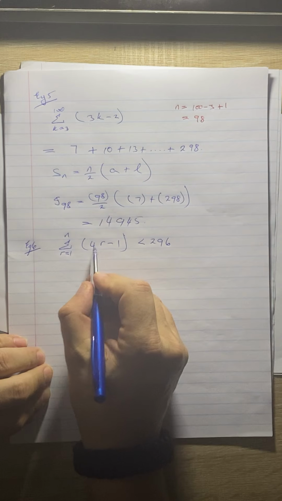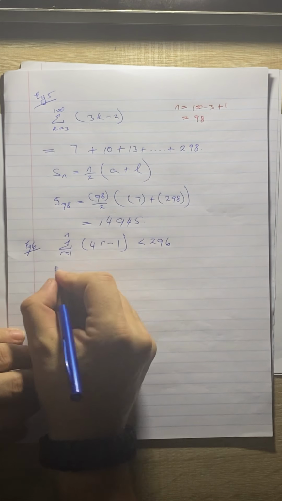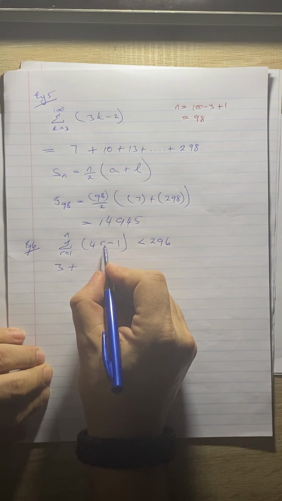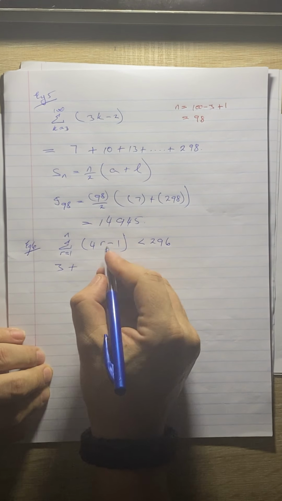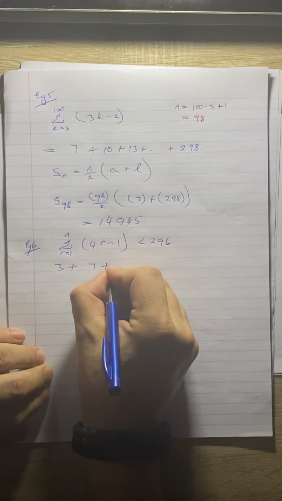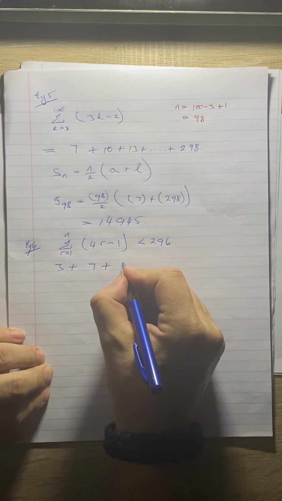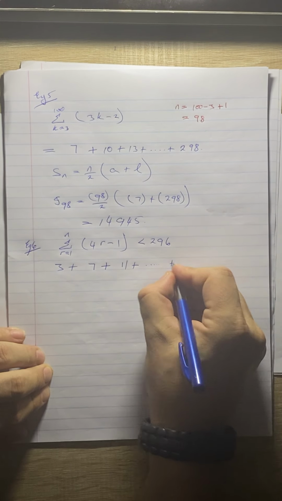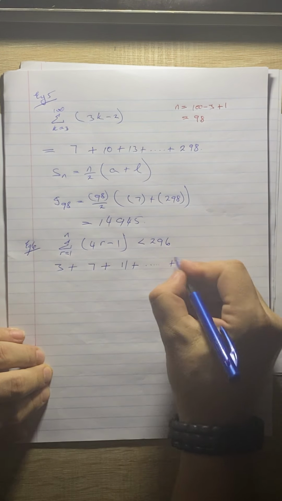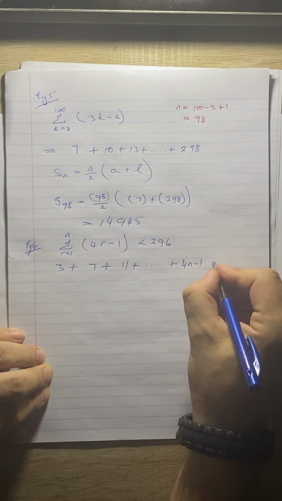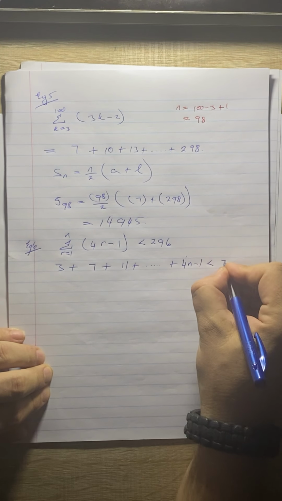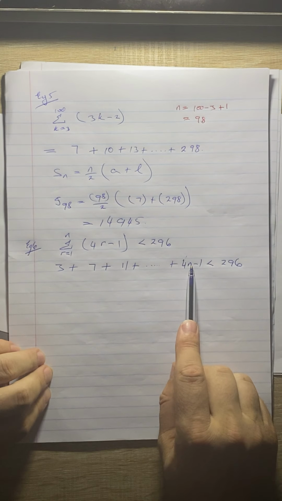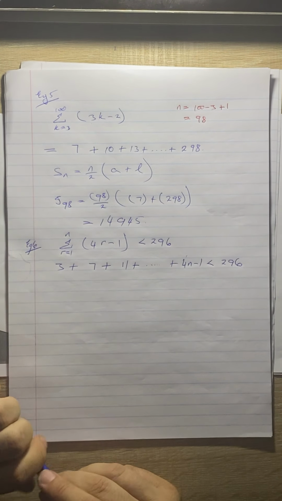So if I put 1 in here, I get 4 times 1 minus 1, which gives me 3, plus if I put 2 in there, 4 times 2 minus 1 is 7, plus if I put 3 in there, 4 times 3 minus 1 is 11, plus all the way to the top. Now if I put n in there, I'm just going to get 4n minus 1. And that whole thing must be less than 296. So basically, we add up all of these things up to some n and it must be less than 296.